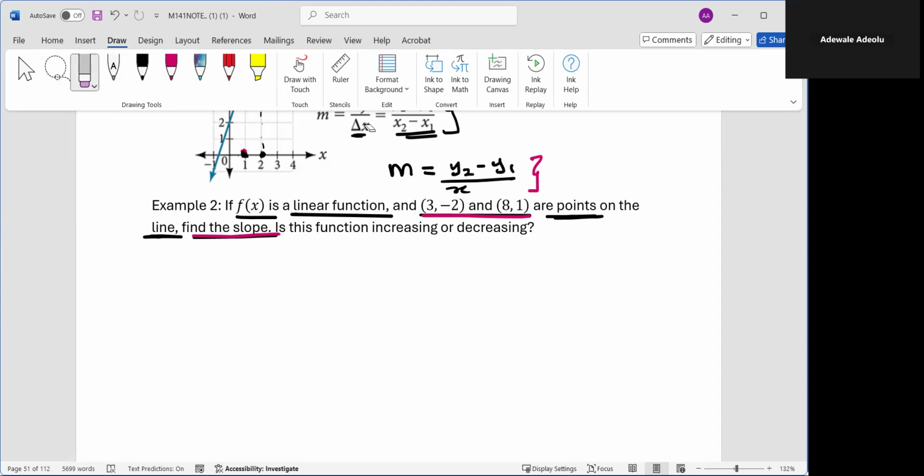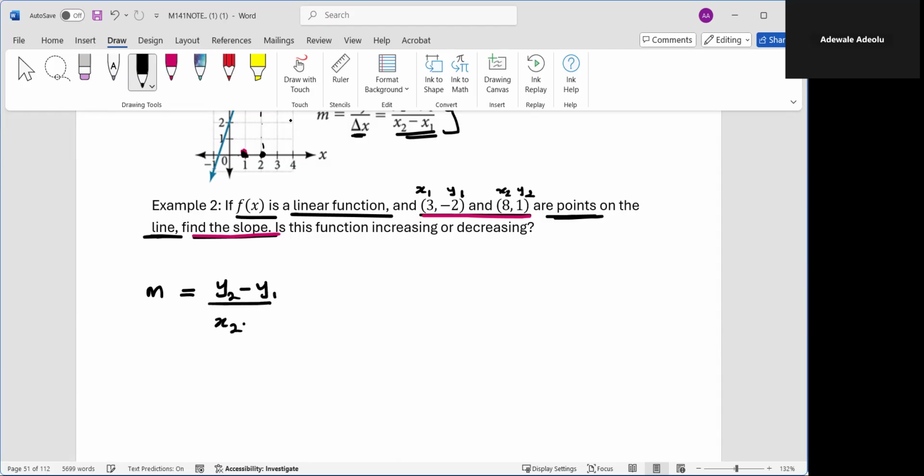I will just come to this point. I can call this x1, y1. Then this one will be x2, y2. So the slope is change in y, that is rise over run.